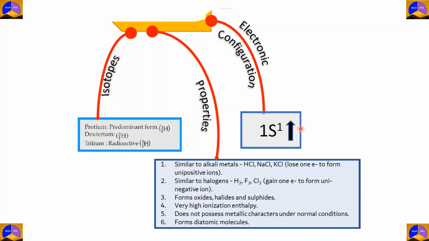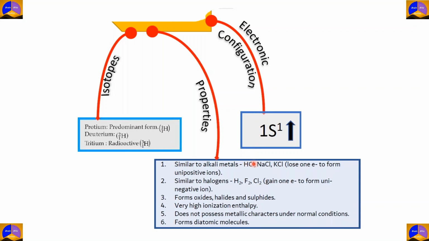Now, let's move on to the properties of hydrogen. The first property says that hydrogen is similar to alkali metals. Now, in this case, we notice that the three compounds HCl, NaCl, and KCl are equal in the way that the first element possesses a single positive charge.